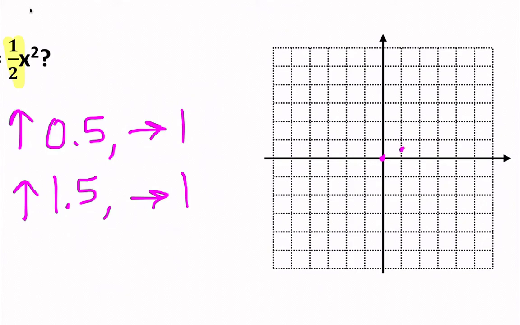And then from there, I need to go up 1.5 squares over 1. Remember, a parabola is symmetric, so do the same way the other way.